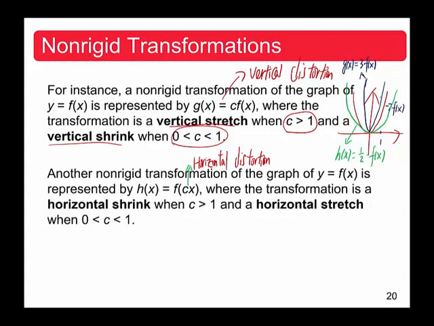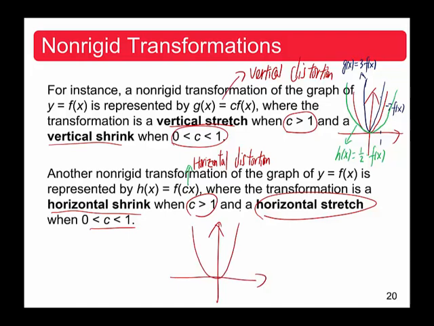So when c is greater than 1, you get a horizontal shrink. And when c is between 0 and 1, we have horizontal stretch. So similarly, for example, let's say we have f of x, given f of x is this graph.